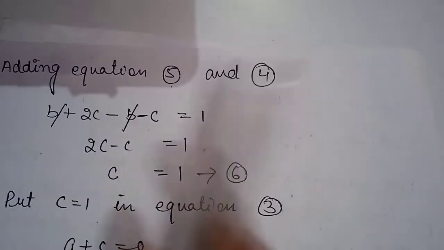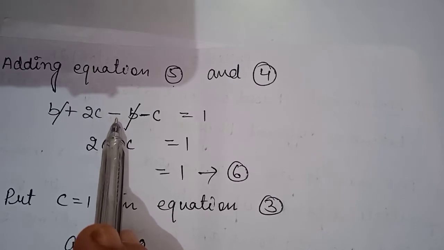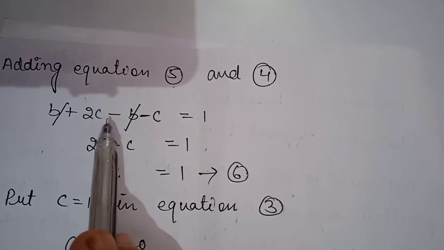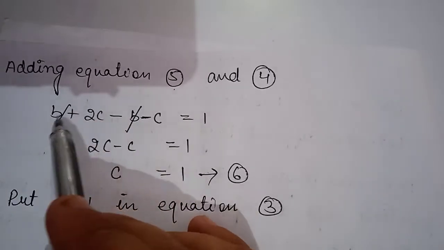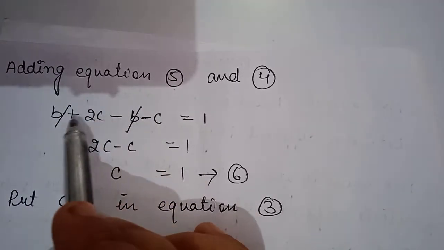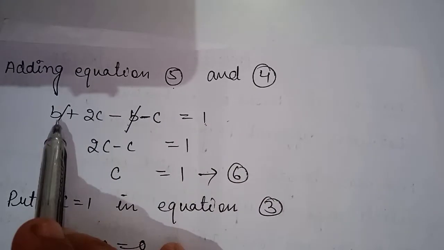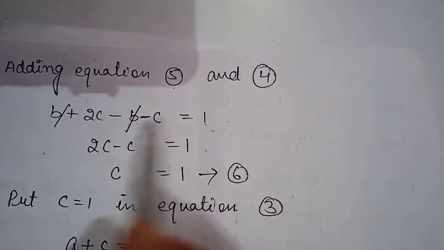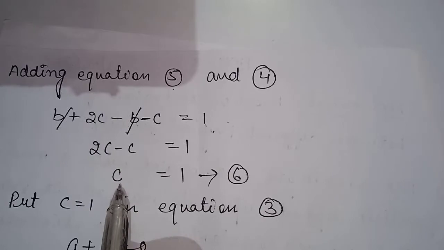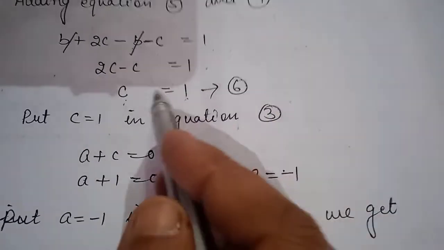Equation 4 is b plus 2c equals 1, and equation 5 is minus b minus c equals 0. Adding them, b cancels with b, and 2c minus c is equal to 1. So c is equal to 1. Now we have the value of c.